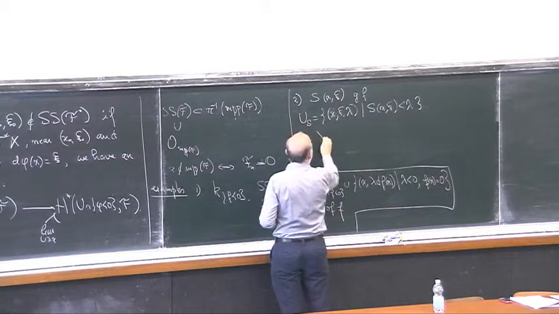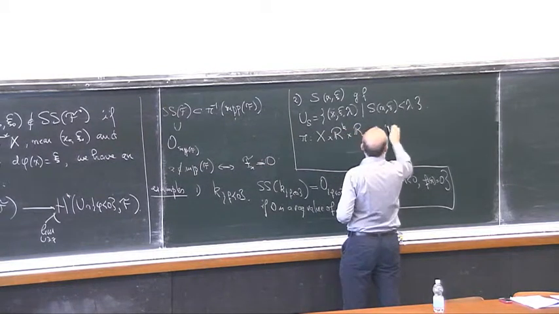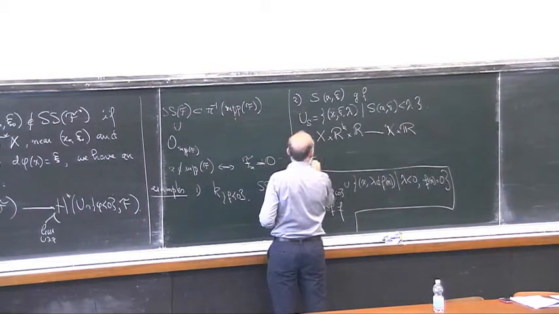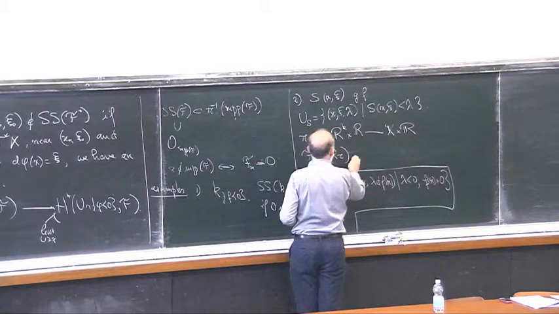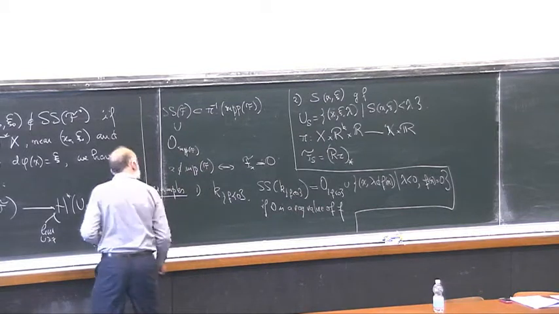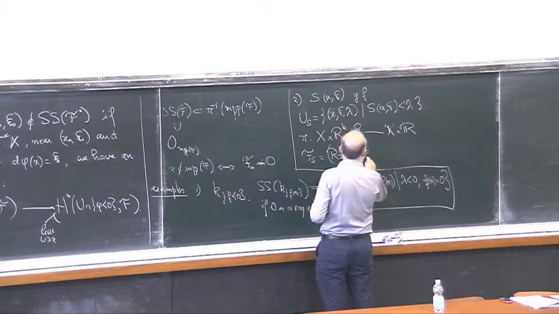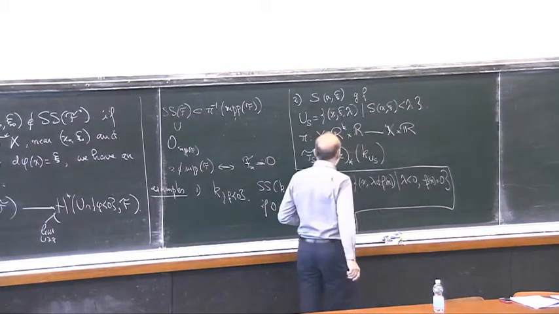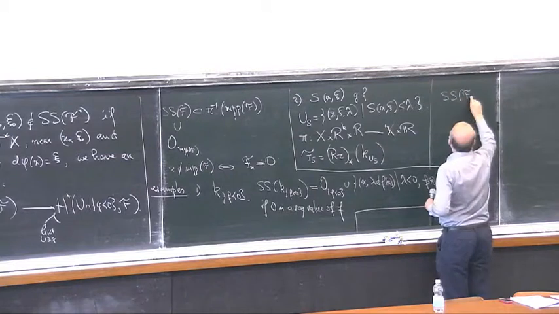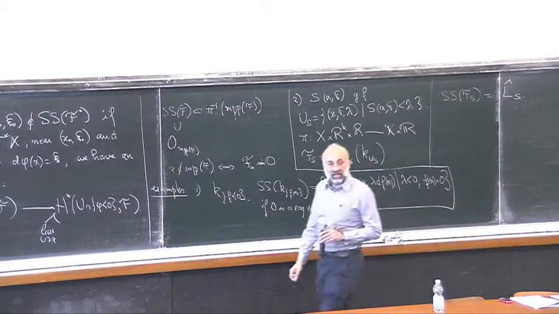And then I look at the projection from X times R^k times R to X times R. And I'm looking at the sheaf F_S, which is, well, I would take pi star, but because I'm in the derived category, I have to take R pi star of the constant sheaf over the set U_S, and then the singular support of F_S is something which I call L hat S.